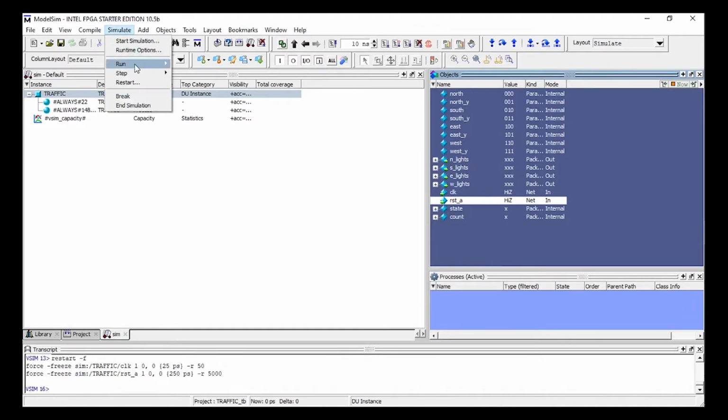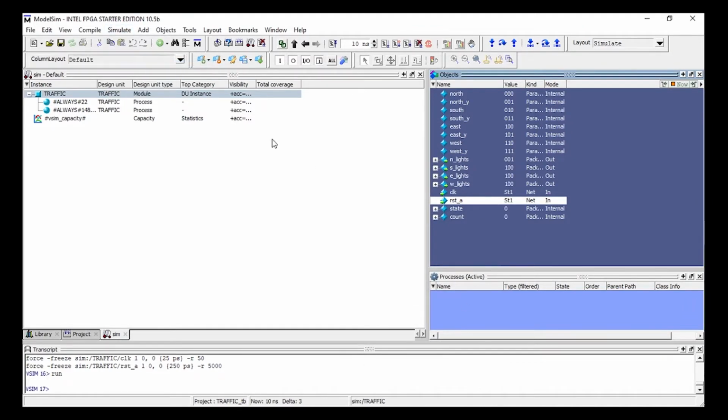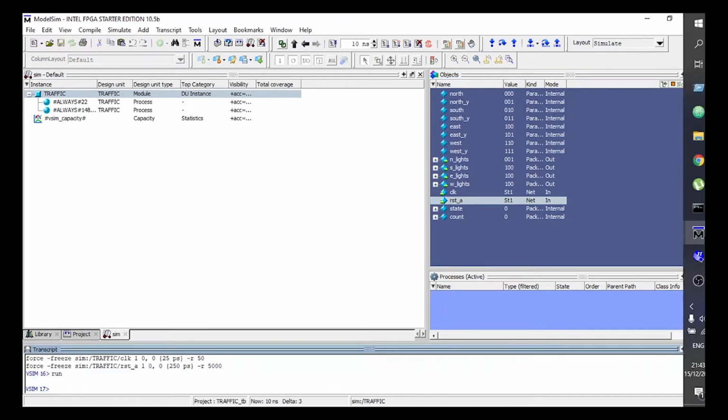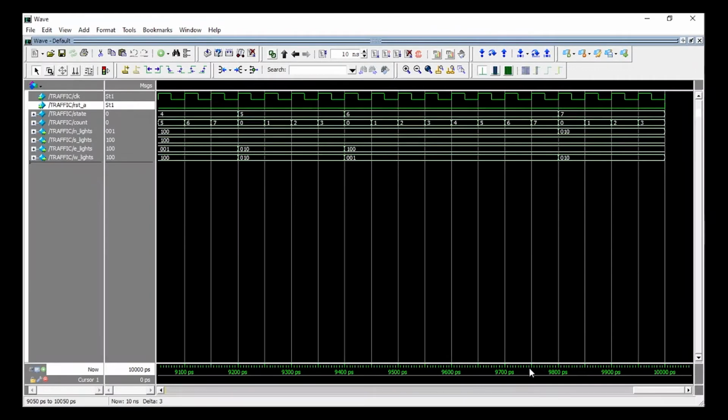Now if we compile it and run 100, here we can see that the run is completed by ModelSim, and the output will be shown here.